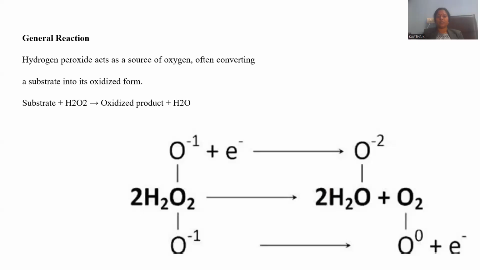Let's go with the general reaction. In what way is it able to work like an oxidizing agent? Hydrogen peroxide acts as a source of oxygen, often converting the substance into its oxidized form, right? So it is the source. So it is rich in oxygen content. In what way does it have oxygen to a higher extent?